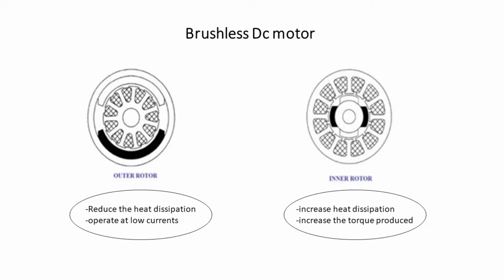Basically, a brushless DC motor can be constructed in two ways: by placing the rotor outside the core and the winding in the core, to reduce the rate of heat dissipation from the motor and operate at low current, while the other is placing the winding outside the core to dissipate more heat and cause an increase in its torque.